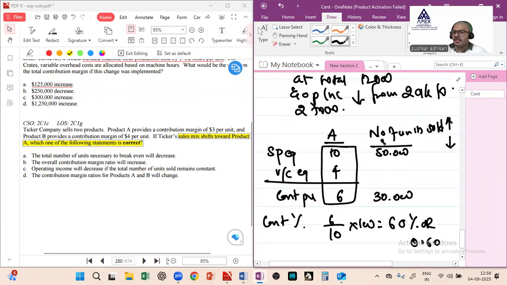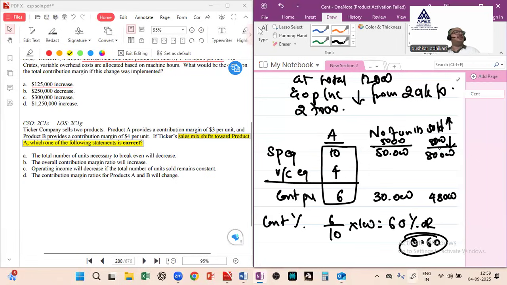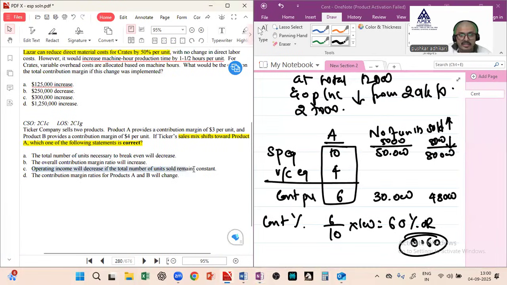If I take it with 8,000 units, this will be 80,000 and this will be 48,000. In both places you will notice that the contribution percentage margin or PV ratio stays at 60%. So the claim that the contribution margin ratios will change is an absolute fallacy. It cannot change. So what's your answer? The operating income will decrease if the total units remain constant.